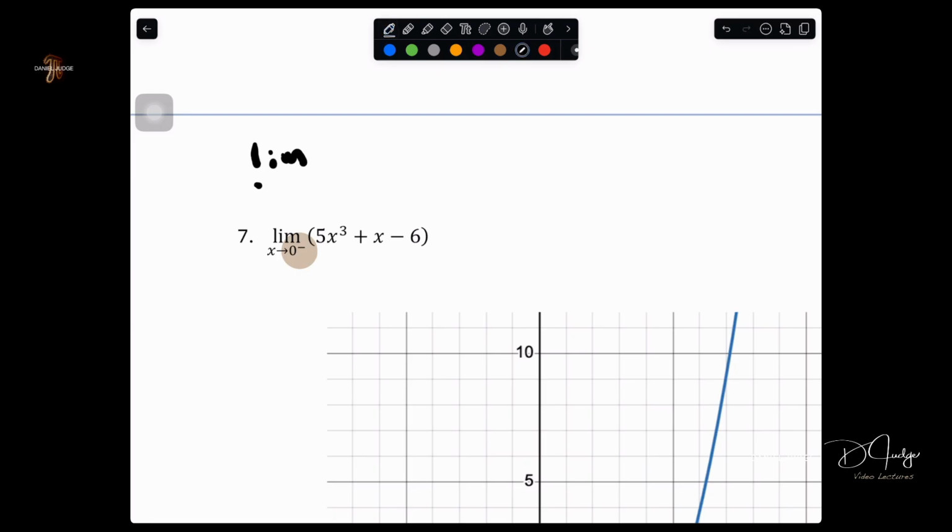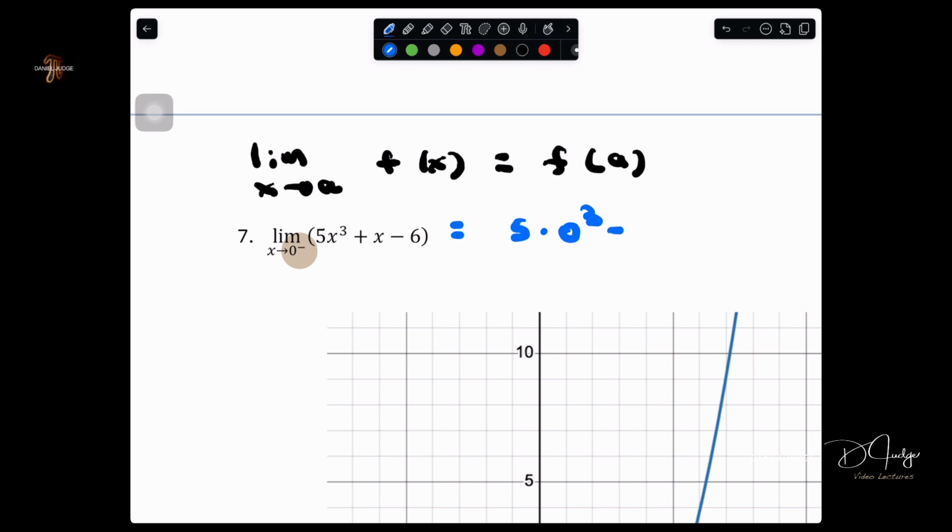That's the limit as x goes to a of some function is really f of a. It's functional evaluation. So like we discussed earlier, this would be 5 times 0 cubed, plus 0 minus 6.